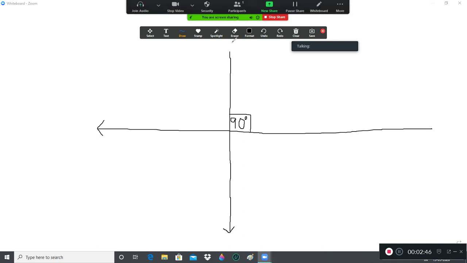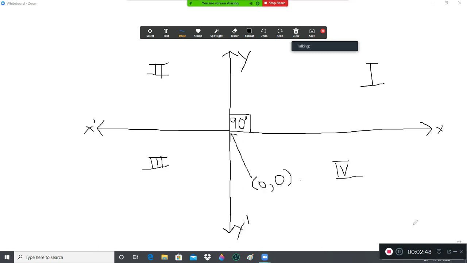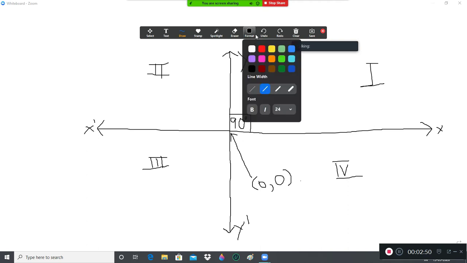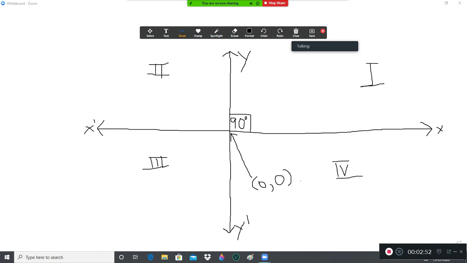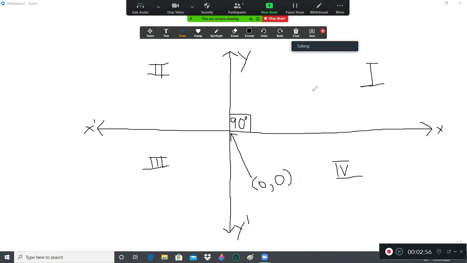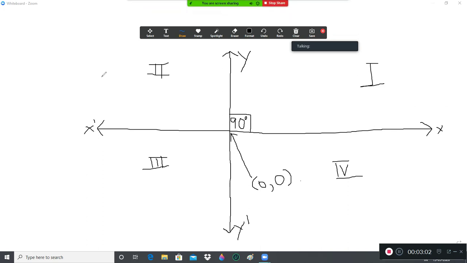So I will just make the graph. Let's understand the whole thing. These two lines intersect each other at 90 degrees, and they divide the plane into four parts that we generally call quadrants in Cartesian geometry. It's actually the Cartesian plane.